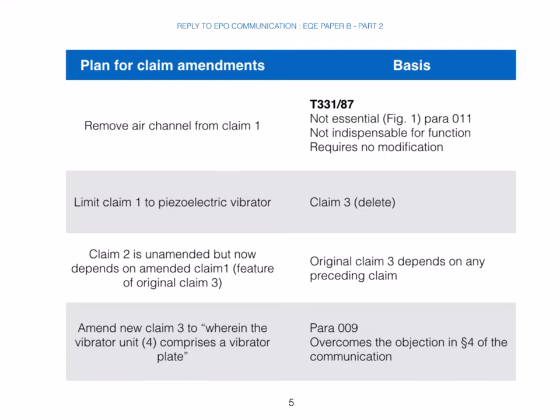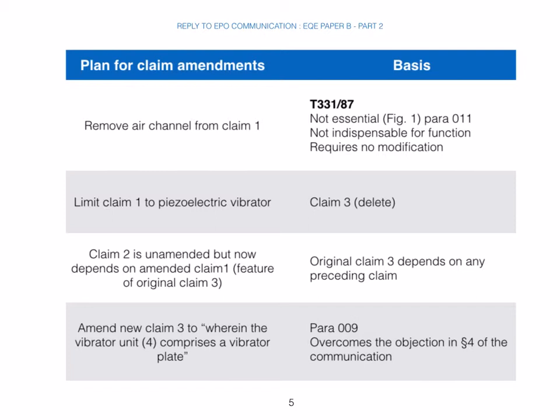Next amendment is to amend new claim 3 to wherein the vibrator unit comprises a vibrator plate. This is based upon paragraph 9, and this overcomes the objection in paragraph 4 of the communication.